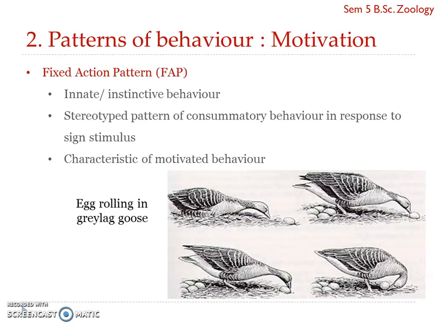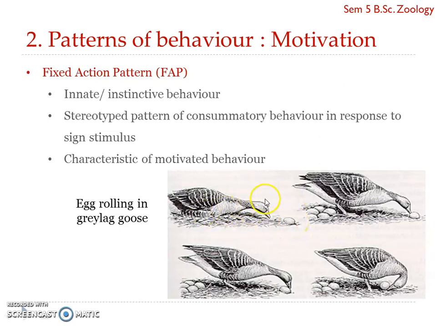Here you can see the goose uses a stereotyped set of behavior to bring back the eggs that roll out of the nest. There is an egg which has rolled out of the nest, and you can see how it behaves.